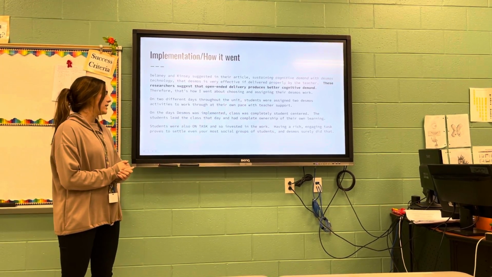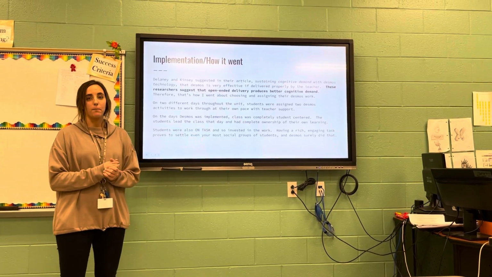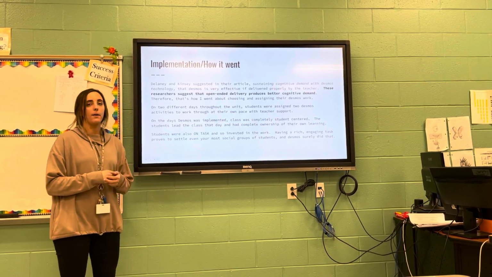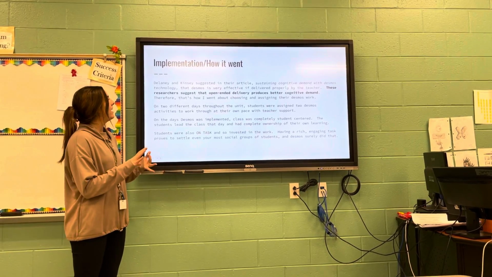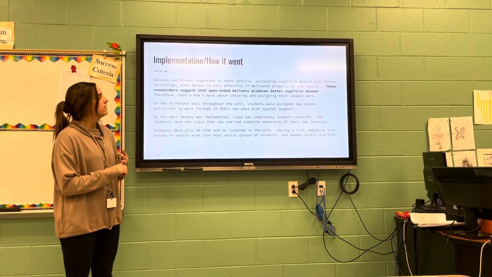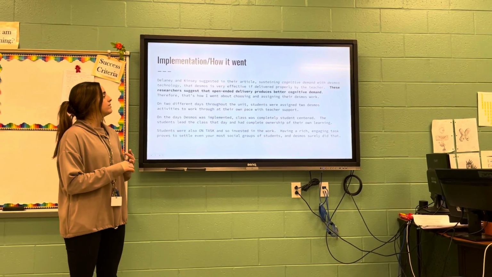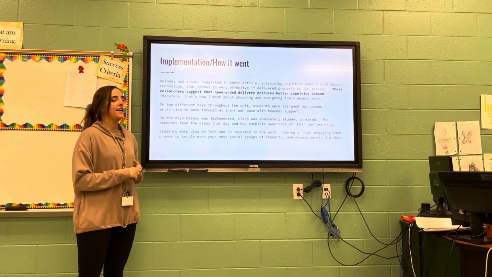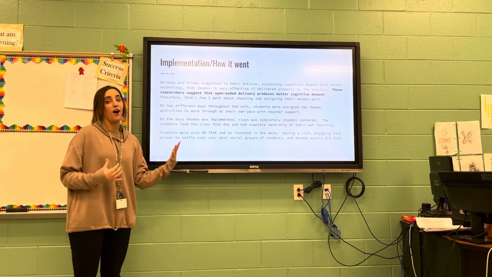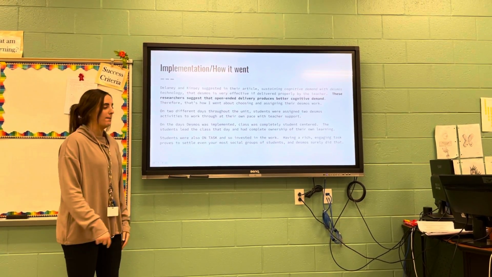Having a rich, engaging task proves to settle even your most social groups. It not only helped with behavior, but using an open-ended delivery, like the researchers said, it did produce better cognitive demand, which we'll get to whenever I show the data.